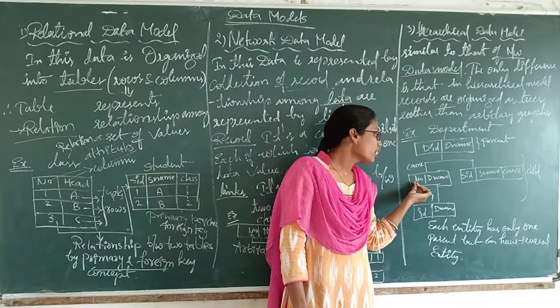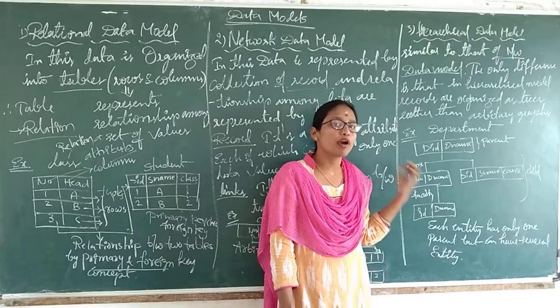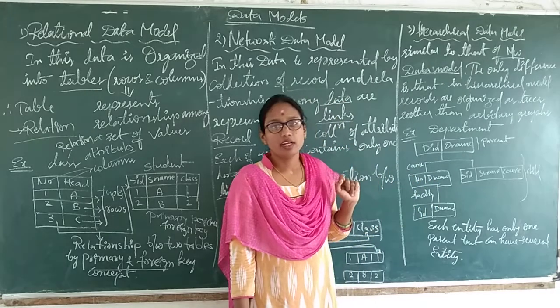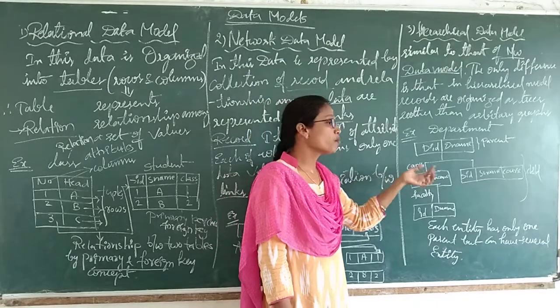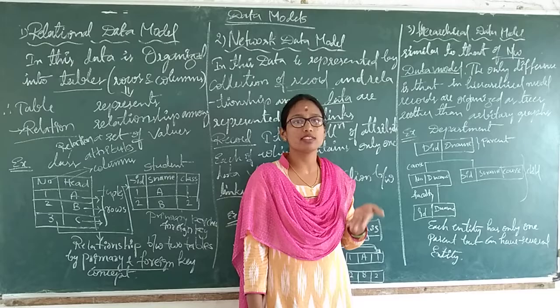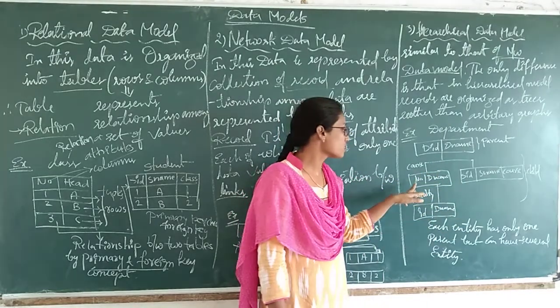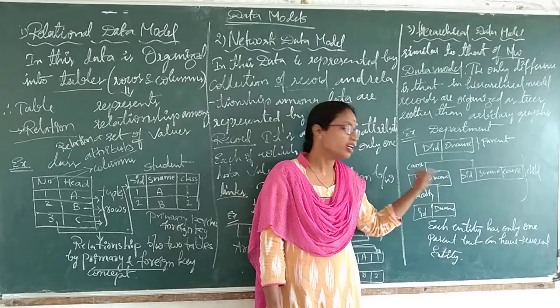Here this course is an entity. That course is having properties, attributes: number and a department name. In which department? For example, in mathematics, computer science, arts or commerce. Here course, number and a department name.